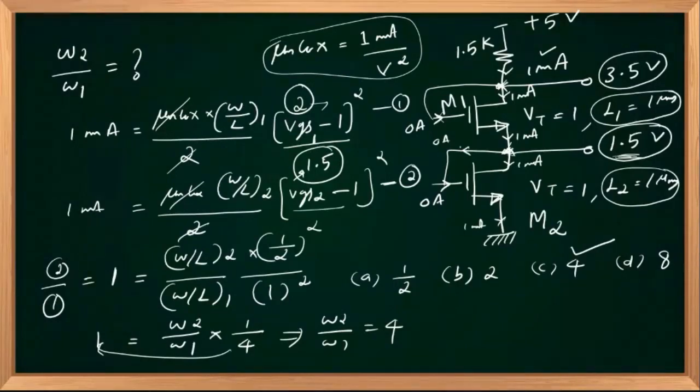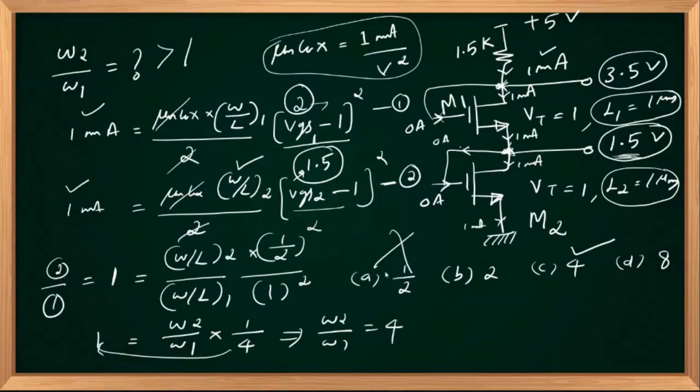So to ensure the same current, a transistor with a lower VGS should have a larger W in this example. So W2 should be larger than W1. So the W2 by W1 ratio should be greater than 1. So the first option is anyway wrong.